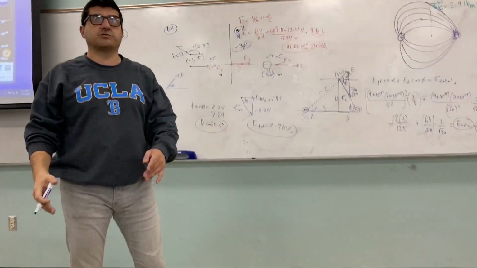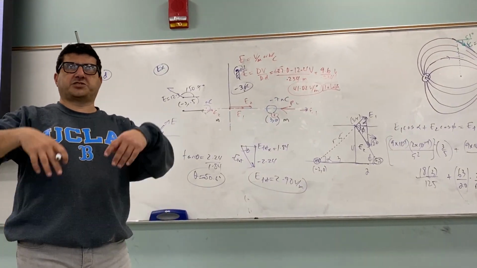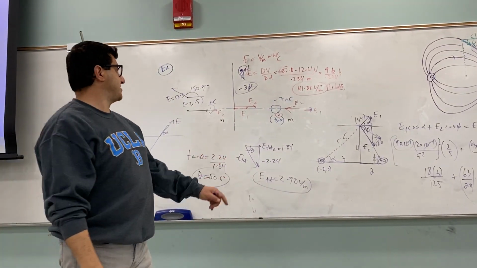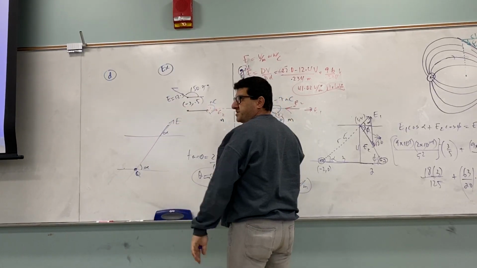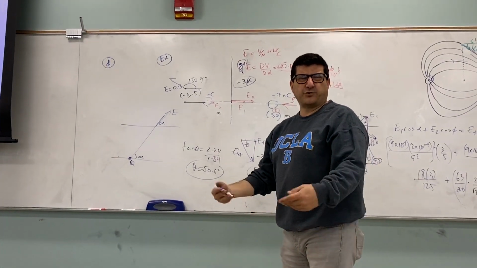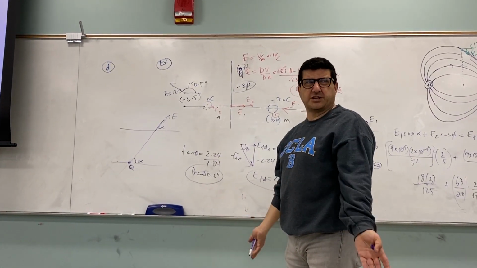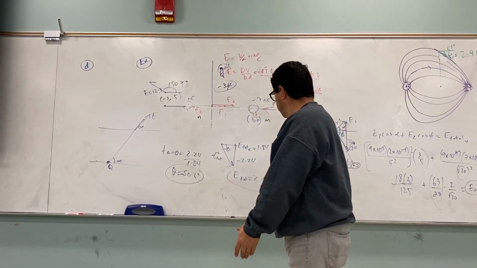The question says, what's the force on that charge? How do you do that? Do you have to start all over again, the force of this on that versus the force of this on that, break into components? No, you already did the total electric field there. So the force on that charge will be the total electric field times the charge of that third charge.